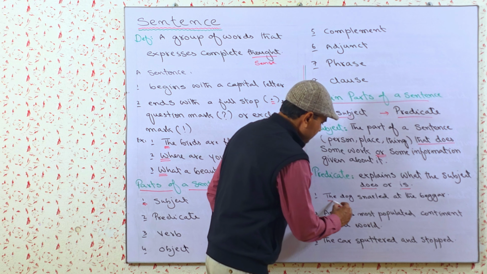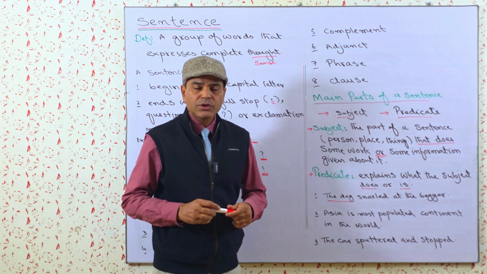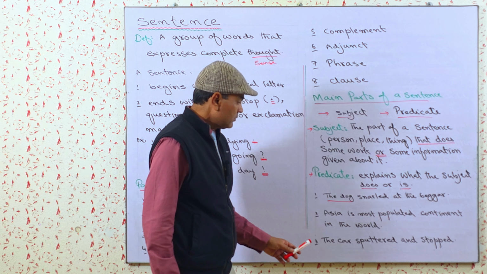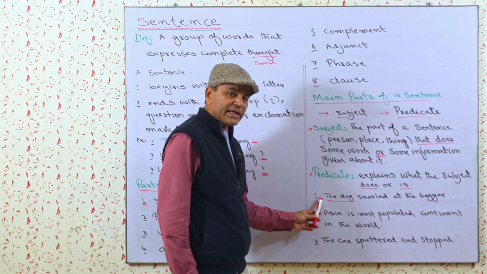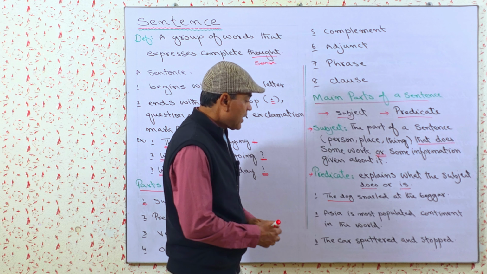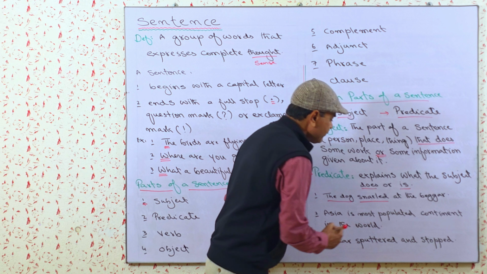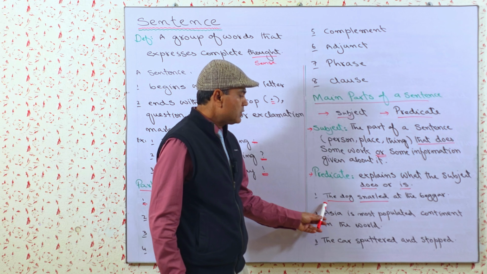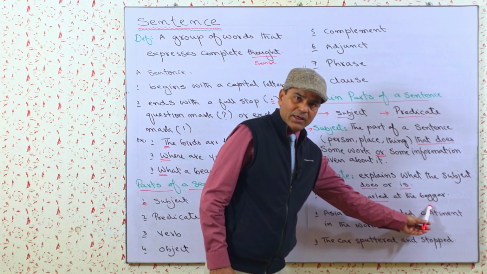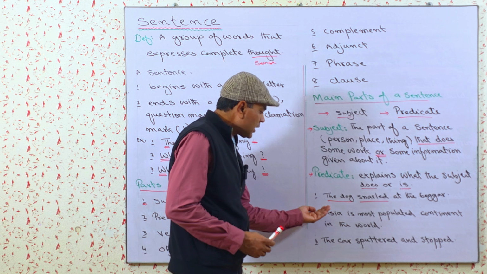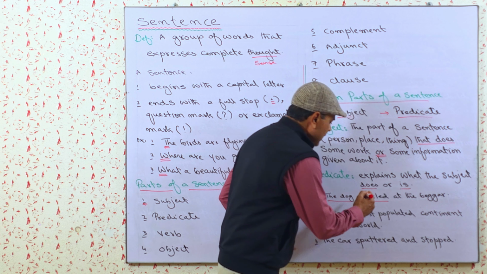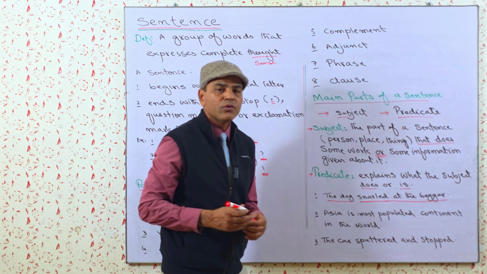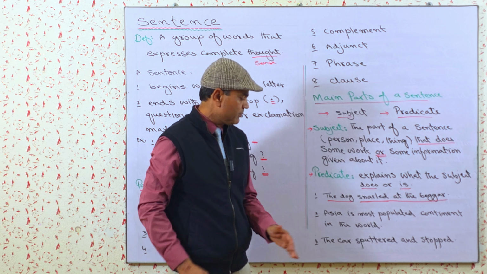The dog, you see, the dog is a noun, but in the sentence it is a subject because it is doing the work of snarling. So, the dog snarled at the beggar. So dog is the subject and the rest of the sentence we will call the predicate.